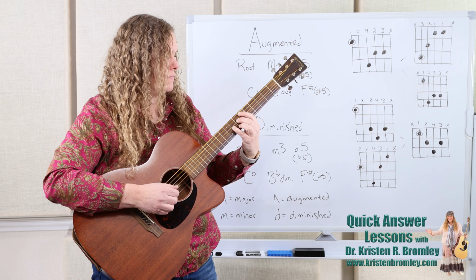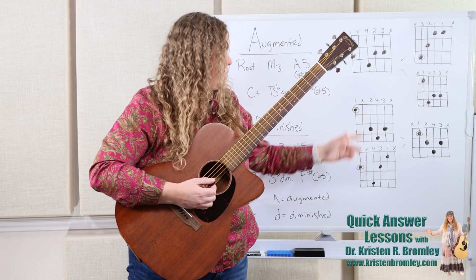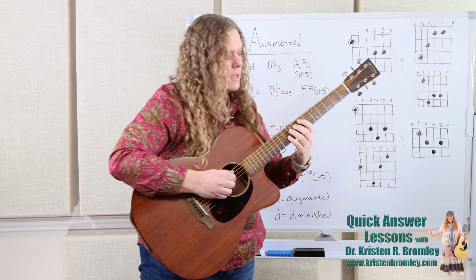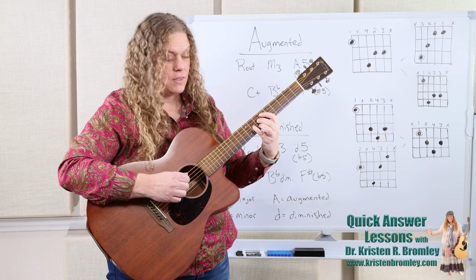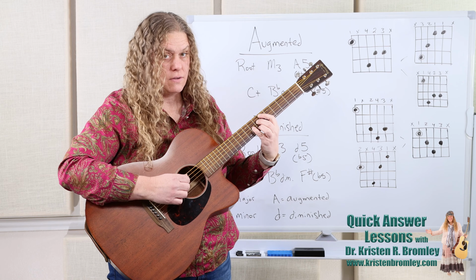It's a great option. We can take that same sort of triangle shape and then put a low root on it. So if I go back in with it like this, I've got the root, the diminished 5th, the root, and the flatted 3rd.